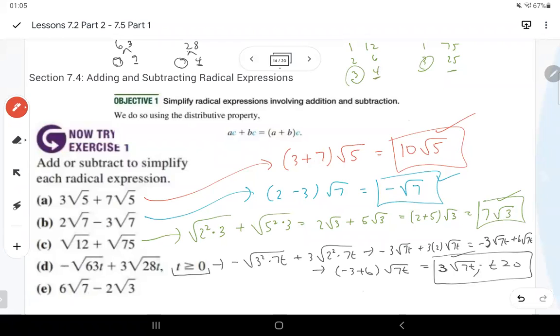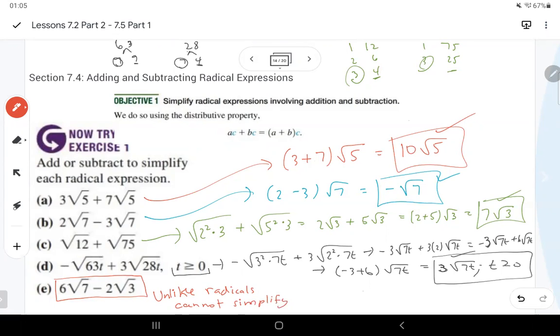Last part here, please take a note that our radicands are prime. So your only option between them is 1. So we are done there, and we have to say, unlike radicals cannot simplify.